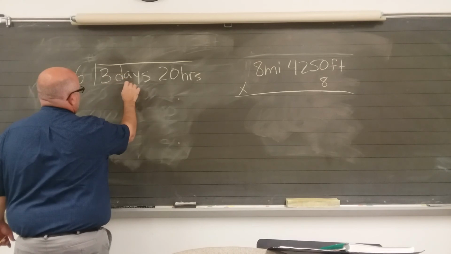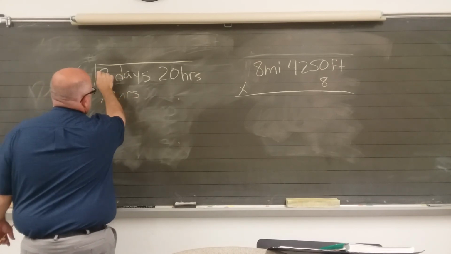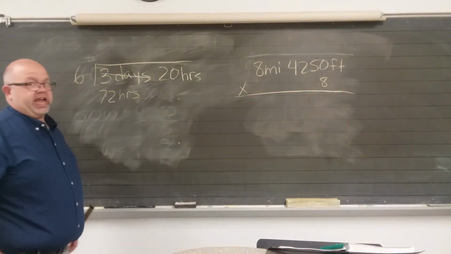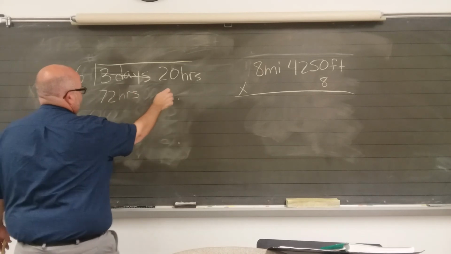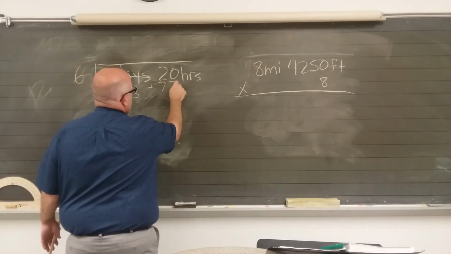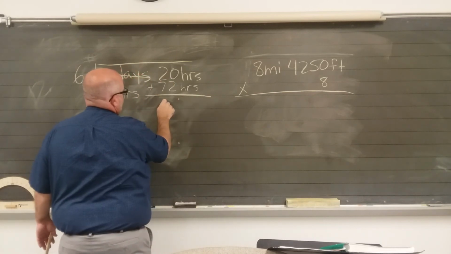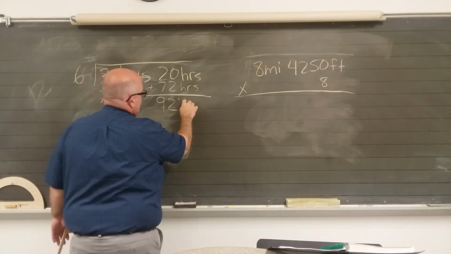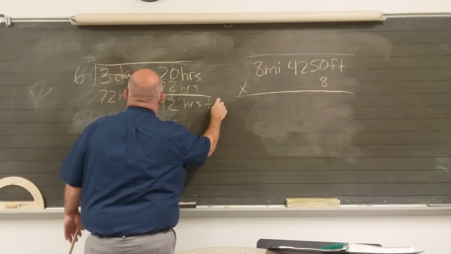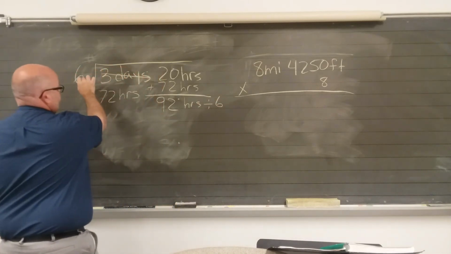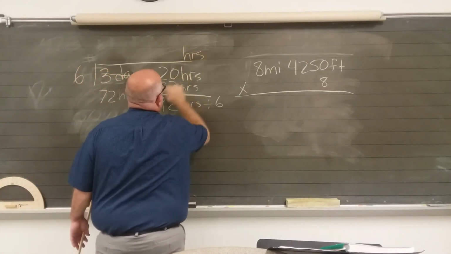So 3 days equals 72 hours. Okay? There will be no days label in this one. Add the 72 hours to the 20 hours here: 92 hours. And now this is being divided by 6, so you're going 6 into 92. Your label is only going to be hours.